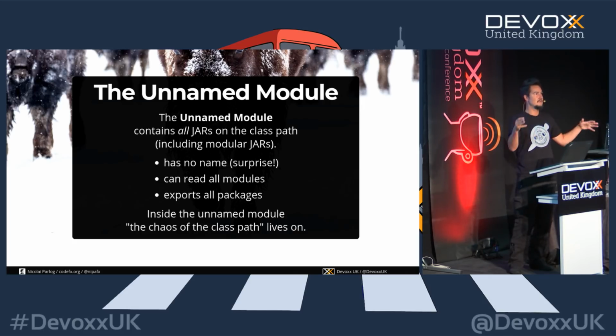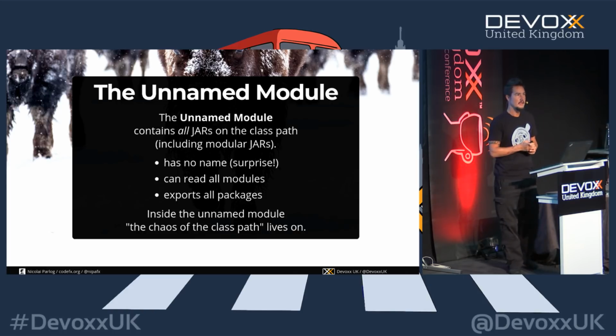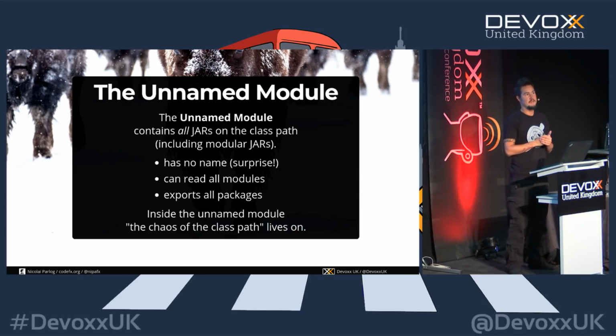Now the rest of the operations of the module system can work with this unnamed module. And whatever crazy things you were doing on the class path, like maybe even having the same dependency twice and it works for you, or patching a jar by having some classes in a different jar that's further in front of the class path, these kinds of things still work. So within the unnamed module, all the chaos of the class path still lives on.